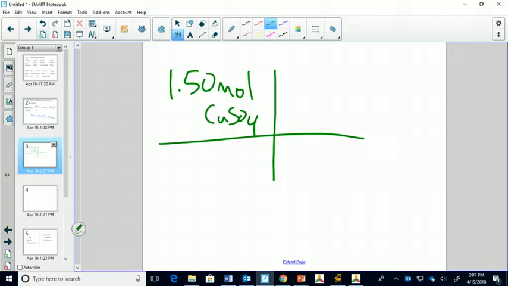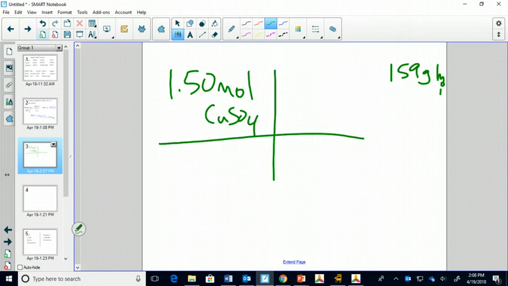Where would I put that, on the top or on the bottom? On the bottom. I said it's 159, and that's always grams per mole. It's molar mass.